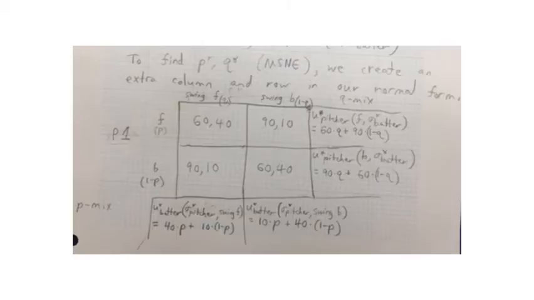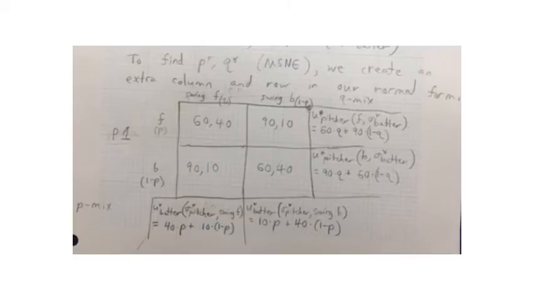So the payoff to the pitcher, if the pitcher pitches fastball and the batter follows the designated mixed strategy, is going to be 60 times Q plus 90 times 1 minus Q.